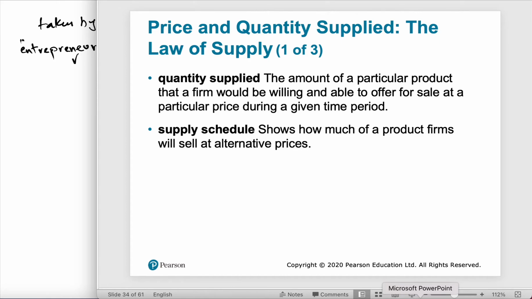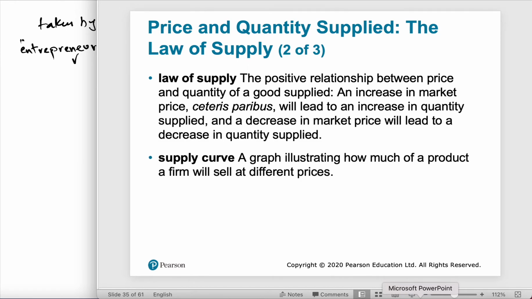And we would have the supply schedule, graph, and the equations. The law of supply here is reflected by the positive relationship between the price and quantity of goods and services. So if the price of this good is increasing, the supplier of that commodity is willing to sell more.